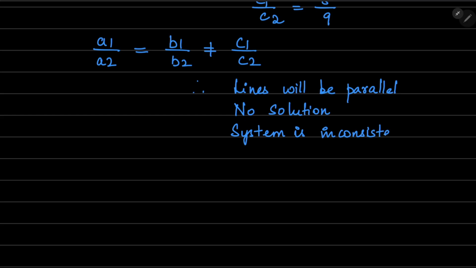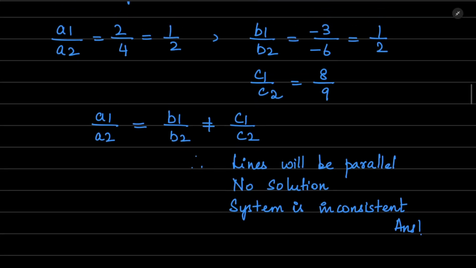So this is your final answer. Whenever the first two ratios are equal and that's not equal to the third one, there will not be any possible solutions. The lines are parallel to each other and the pair of linear equations will be inconsistent. So this is your second one.